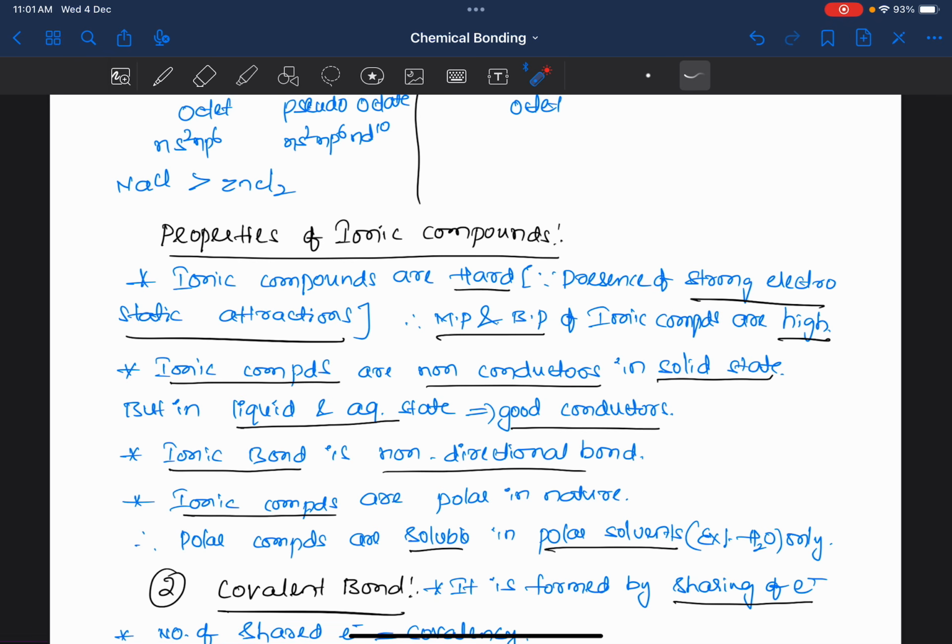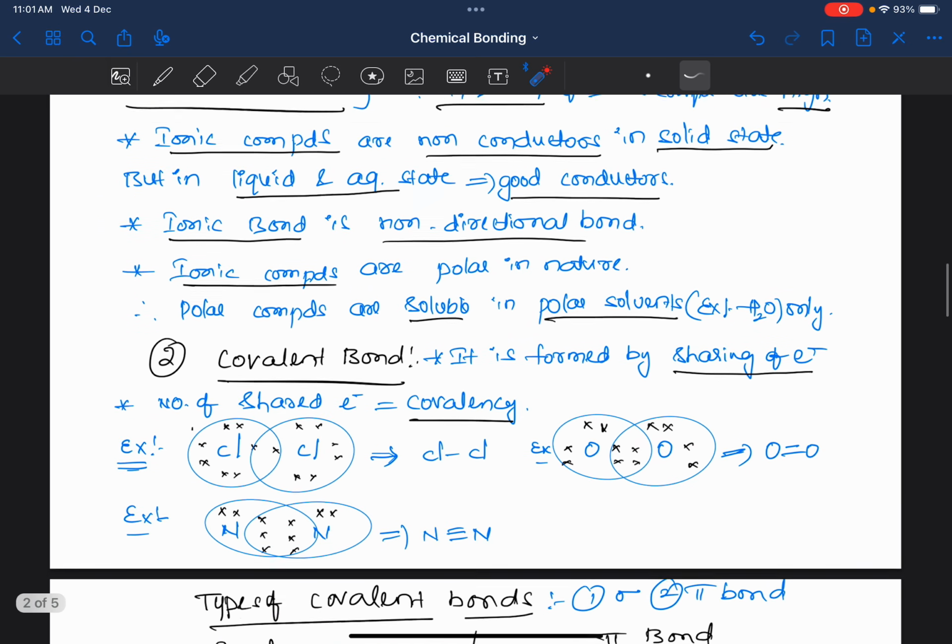These are insoluble in non-polar solvents, because these are polar in nature. And the examples of non-polar solvents are benzene and carbon tetrachloride.